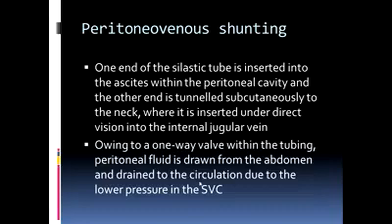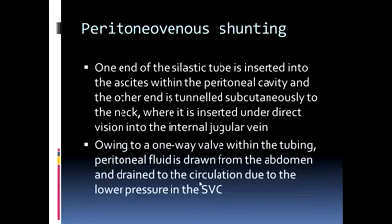We open the abdominal cavity and put the drain in, and then a tunnel is made in the chest just behind the sternum, and finally in the neck the drain is placed in the internal jugular vein. So you can say we have a diversion of this fluid directly into the veins.